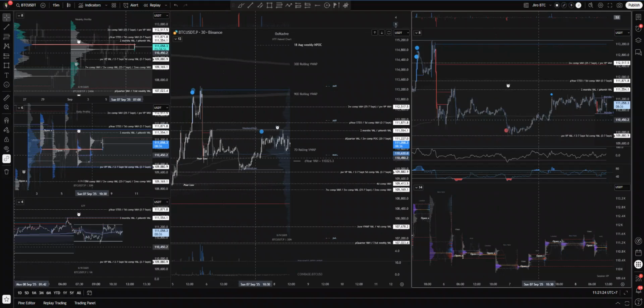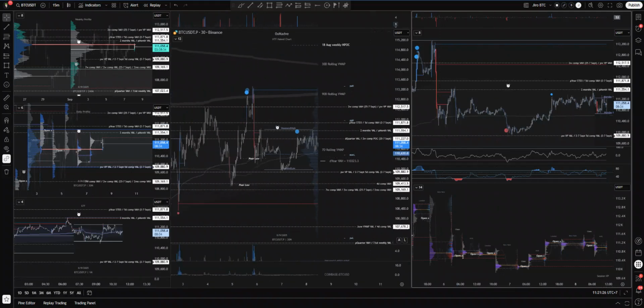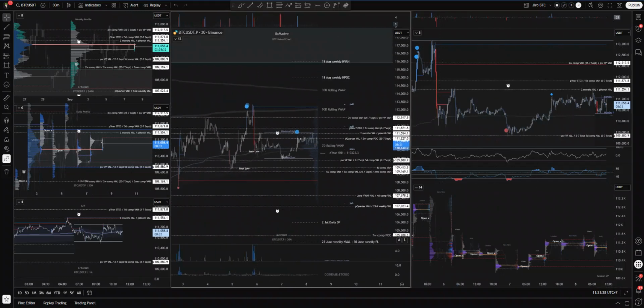For weekly, yep, accept above here, then yep, we'll go higher. Bullishness should be by here.